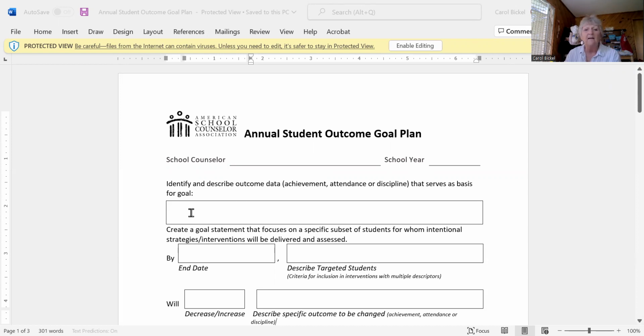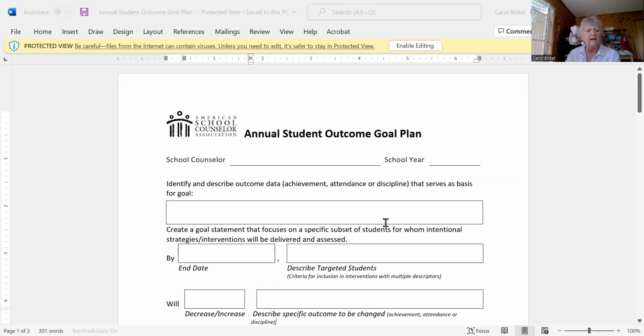Let's say you've got 93 ninth graders who have failed math in their 9th grade year. That would be the outcome data that serves as a basis. So the basis would be that 93 ninth graders have failed math.